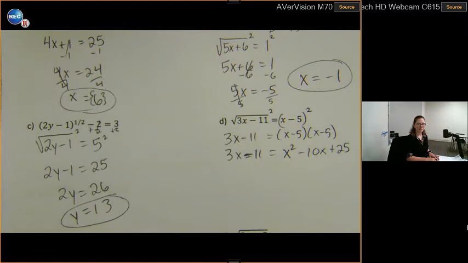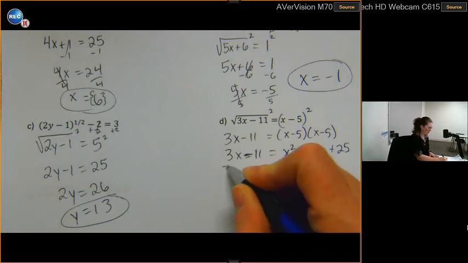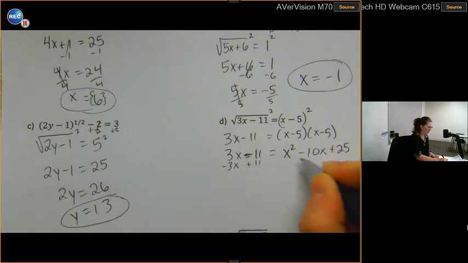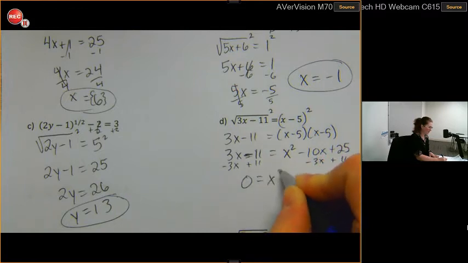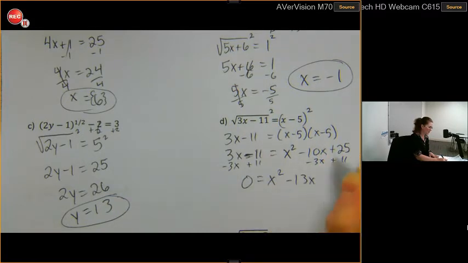And since it's an x squared equation, I know that I'm going to have to likely factor to solve. So I'm going to make it equal to 0. So I'm going to subtract 3x and add 11. 0 equals x squared minus 13x plus 36.